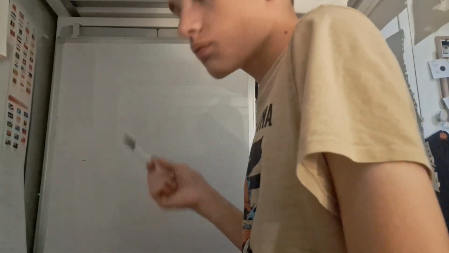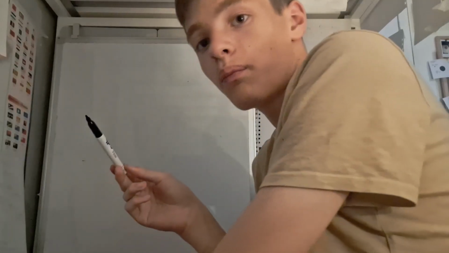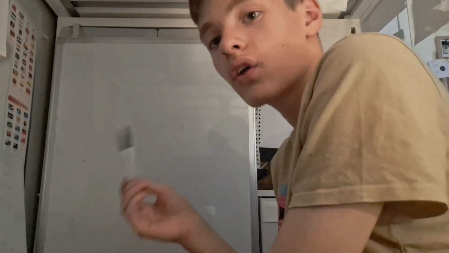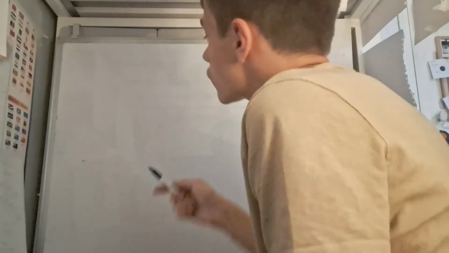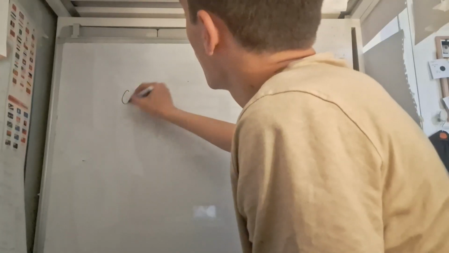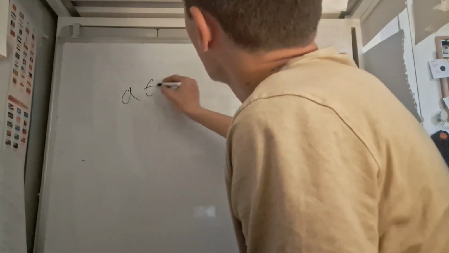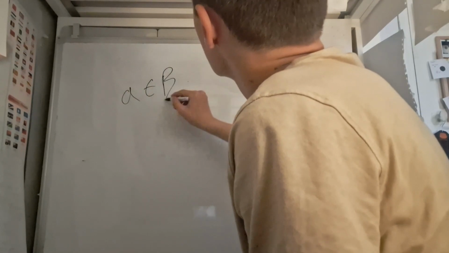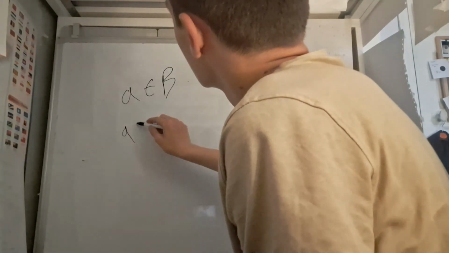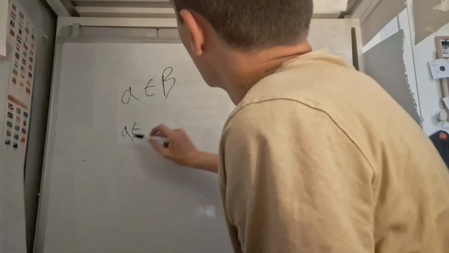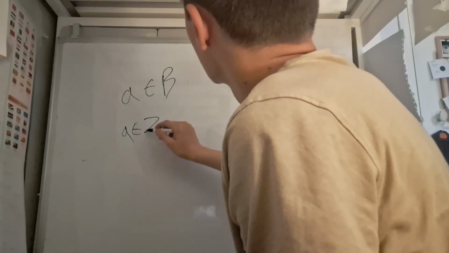So actually, with special sets, because of its set being defined and not changeable as it is, you can use that to build arguments. So A is an element of B. A is an element of the integers.